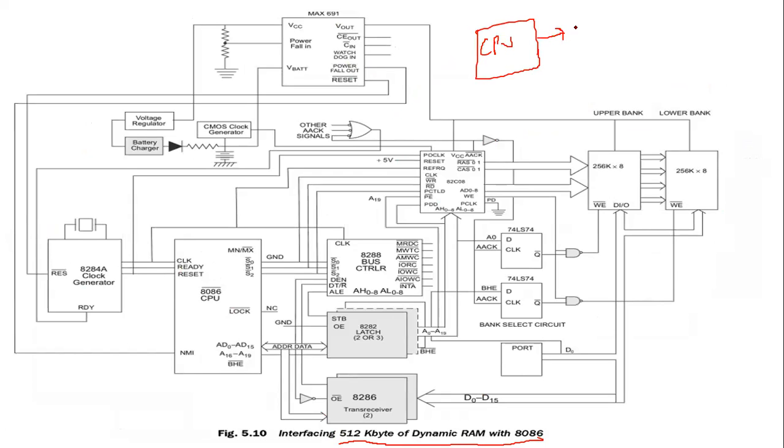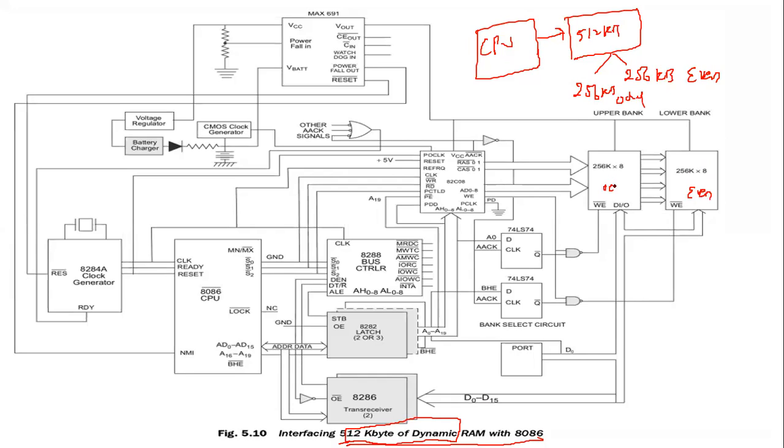In the problem they asked that only 512 KB is connected. This 512 KB is divided into 256 KB and 256 KB, even and odd banks.